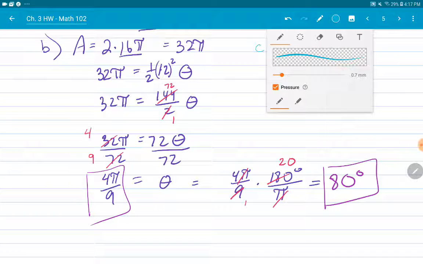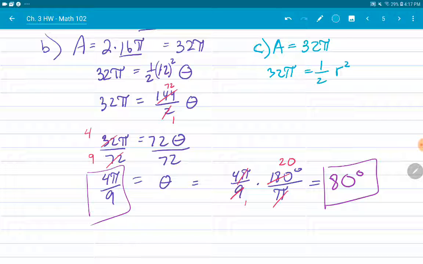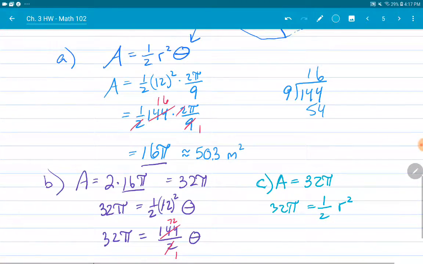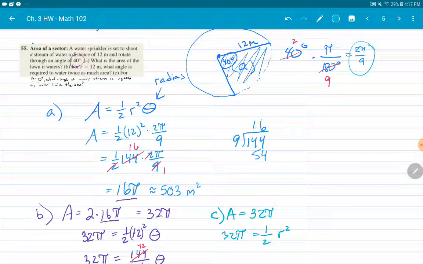So for C, the area is twice as much area, so that's 32 pi again. And the radius is the thing I don't know, so I'll say r squared, and theta is 80 degrees this time. Wait, I'm sorry, 40 degrees, which we found up above in radians is 2 pi over 9.